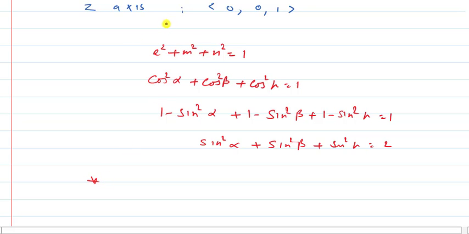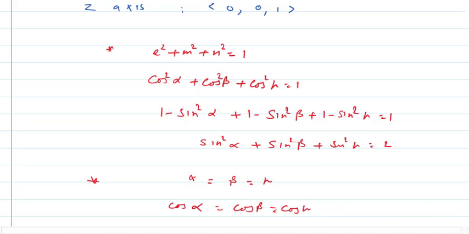One more result is over here: if a line is equally inclined with the 3 axes, what will happen? The 3 angles alpha, beta and gamma will all be equal. In that case cos alpha is equal to cos beta is equal to cos gamma.